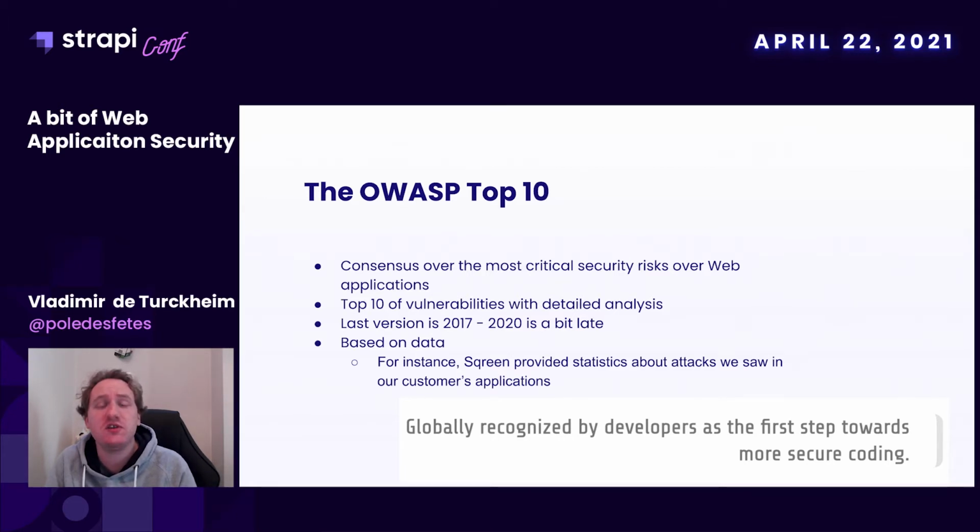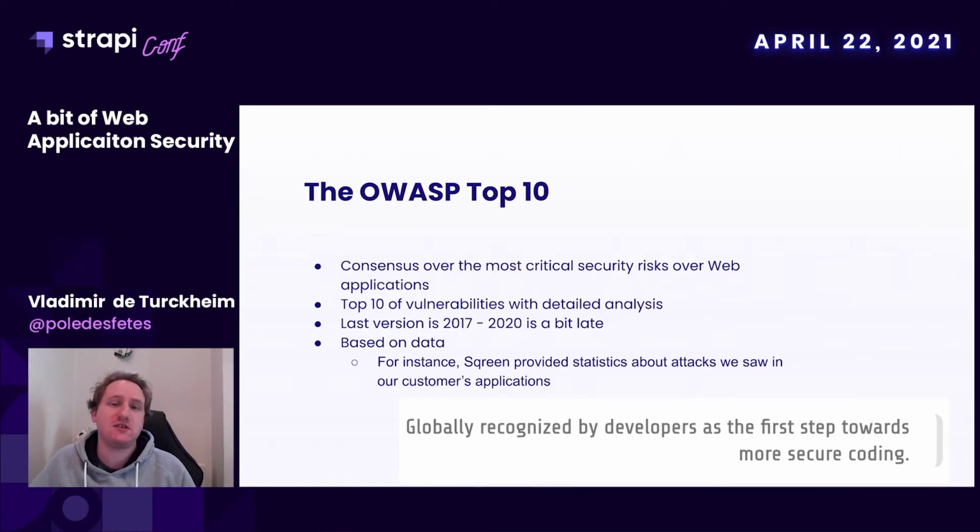So for instance, recently, Sqreen was asked about providing data about the amount and the kind of vulnerabilities we have seen in our customers, without disclosing any secrets, of course, to let them know which vulnerabilities are the more prominent based on our data set. The last version was published in 2017. There's supposed to be a 2020 version, but it got a bit late, and hopefully it will be released this year. This is globally recognized by developers as a first step toward more secure coding.